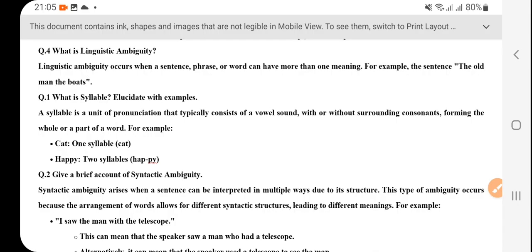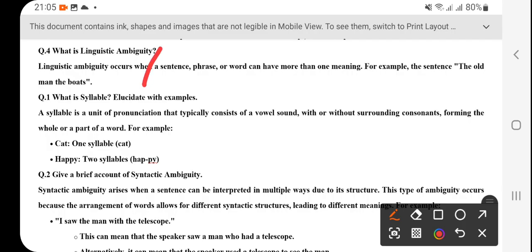Linguistic ambiguity occurs when a sentence, phrase or word can have more than one meaning. For example, "the old man the boats", right?